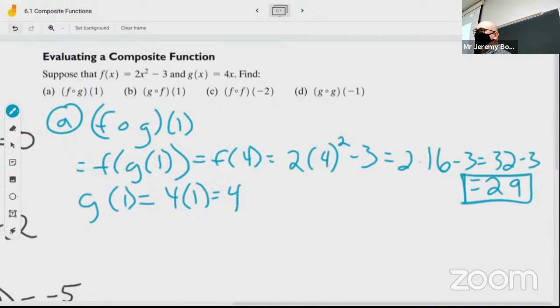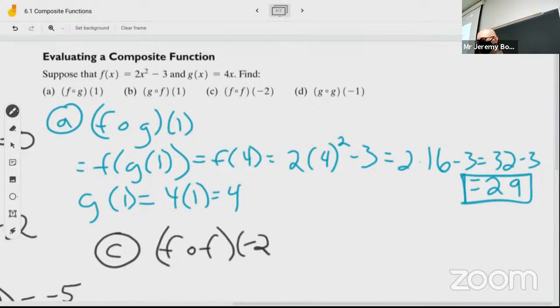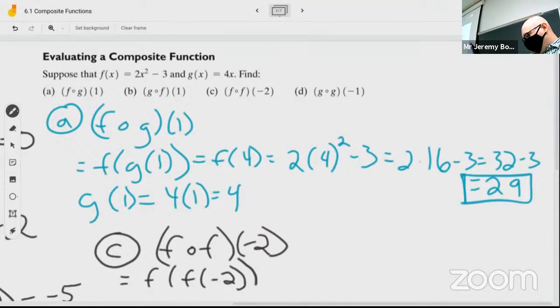Any questions on that? Let's skip and let's do C. We're trying to find F composed with F of negative 2. Remember that's the same thing as F of F of negative 2.